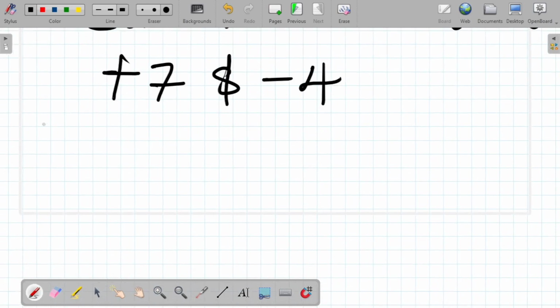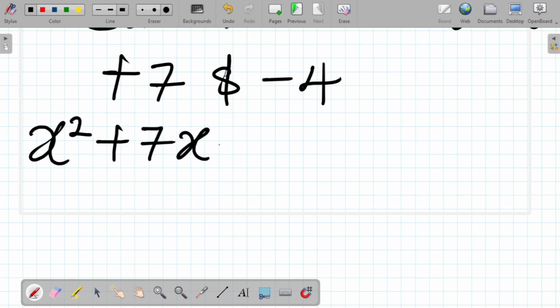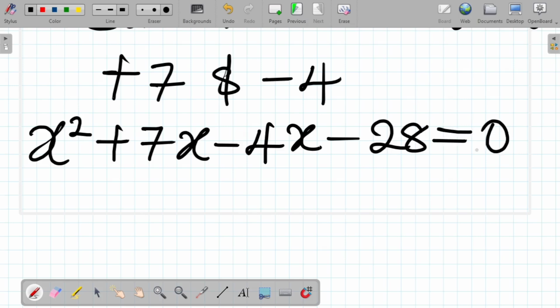So our next task here is to use them to replace the middle term. So we have x squared plus 7x minus 4x minus 28 equal to 0. So now let's factorize. Take a number or variable that is common to both terms.